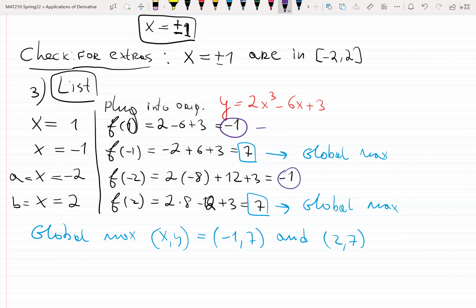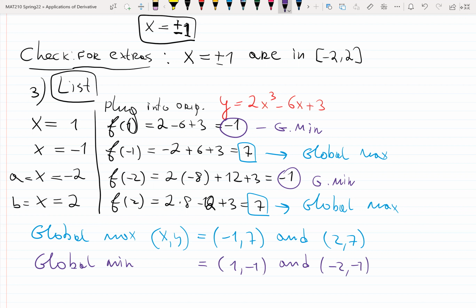The global minimum will also be 2 pairs, 1 and minus 1, and minus 2 and minus 1.